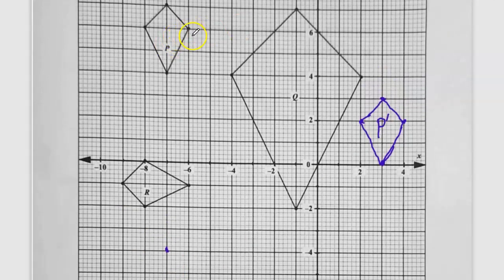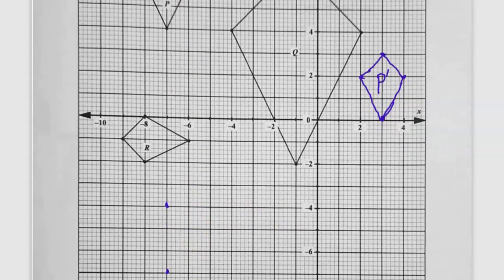Alright, this vertex, how far is it from the x-axis? Let me see. 1, 2, 3, 4, 5, 6. So the image will be 6 down on the other side. Alright. So 1, 2, 3, 4, 5, 6. And of course the image will be over here.